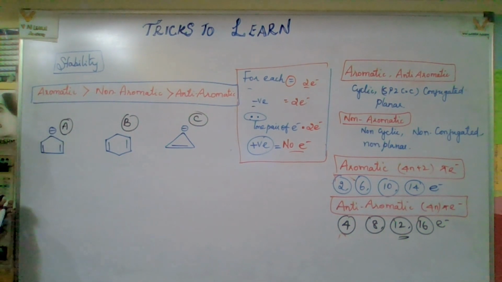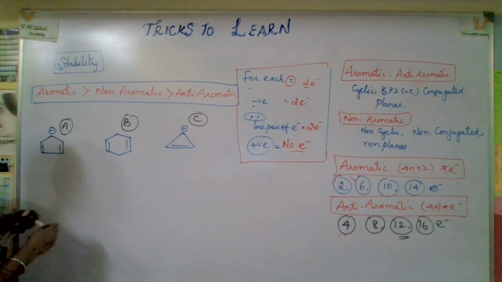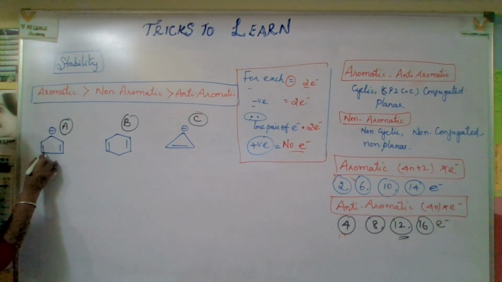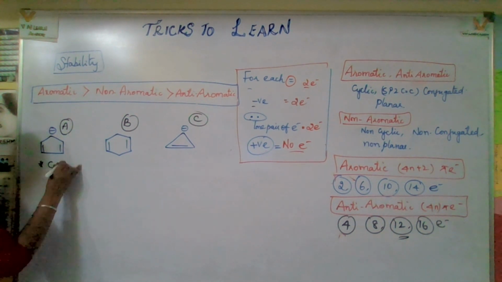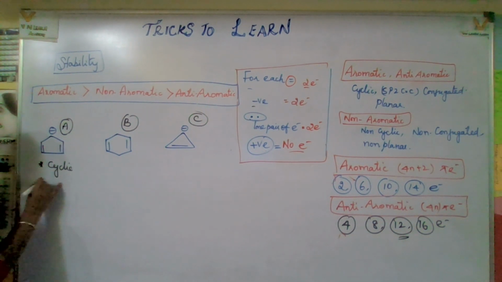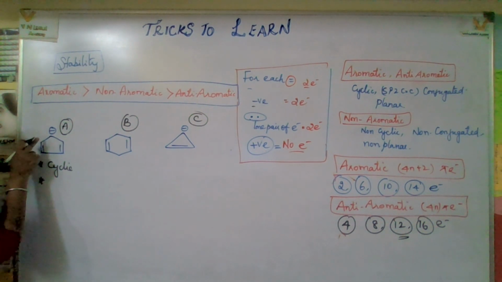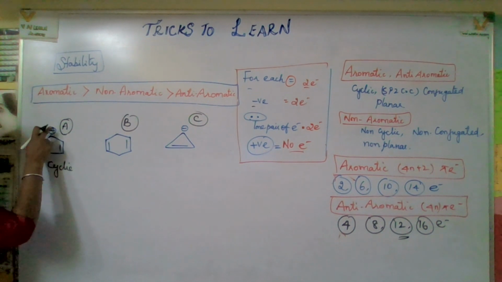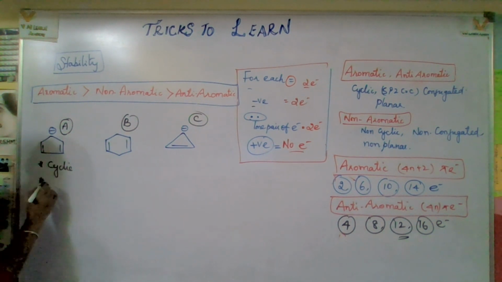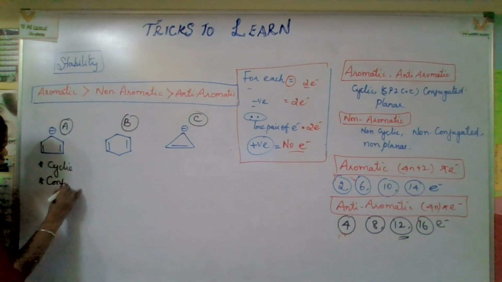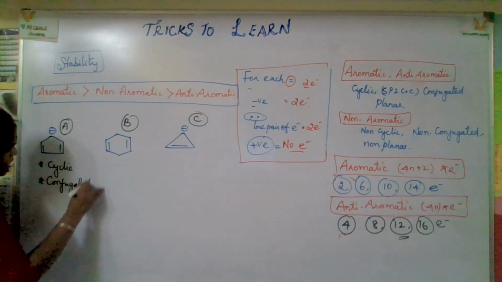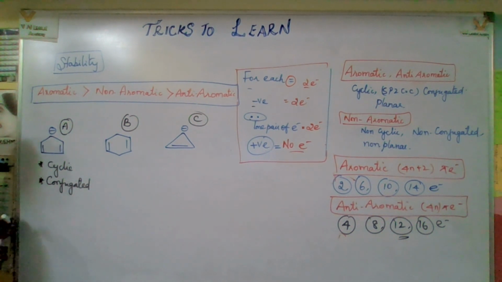Now let us consider these A, B, C, and see which is more stable. The first one is cyclic, and second it is conjugated: double bond, single bond, negative charge. Yes, it's conjugated. Now let us finalize how many electrons are available.